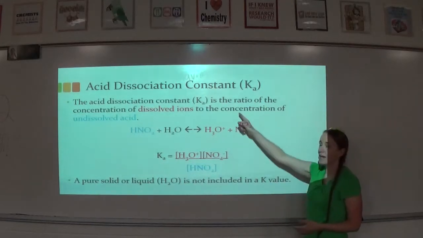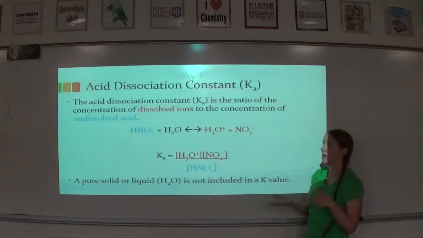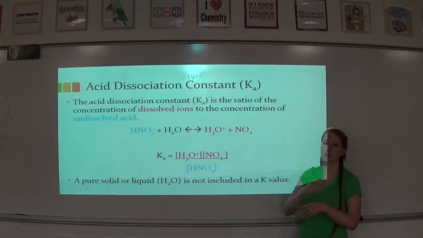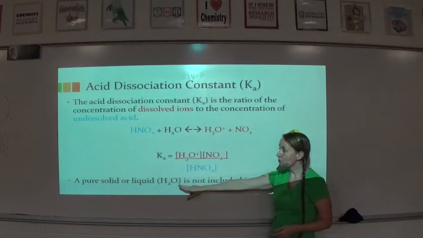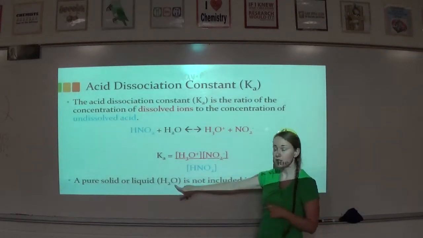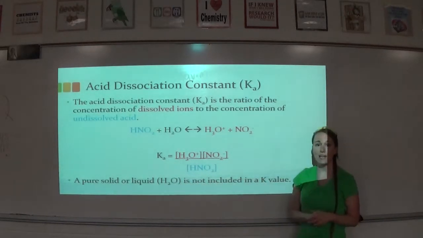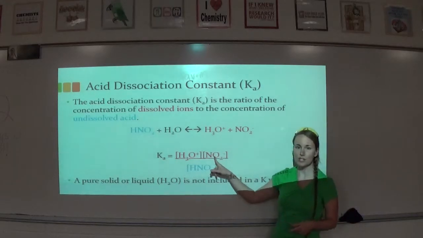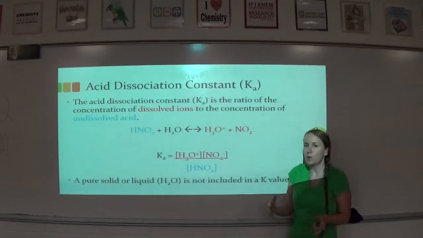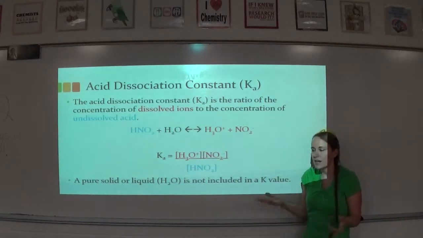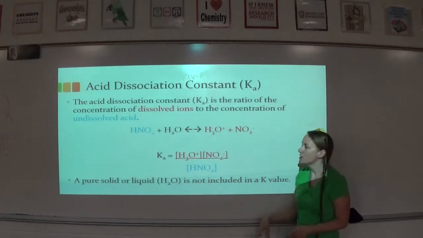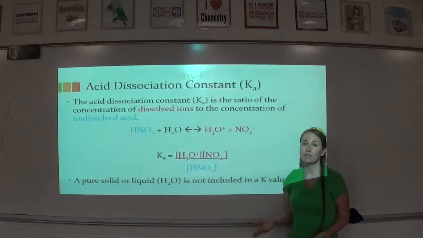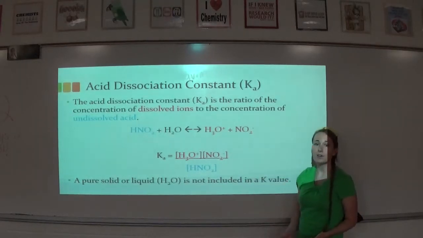When you're doing a K value, any K value, be it Ka, Kb, Kw, any of the other Ks you may learn if you take AP Chem, any pure solids or liquids, in our case H2O, are not included in the K value because K deals with concentration. You can't make more concentrated water that has more concentration of water than other water. That doesn't make any sense. So the concentration of pure solids and liquids can't change, so we leave them out of the K value.